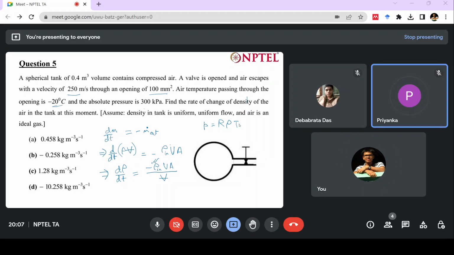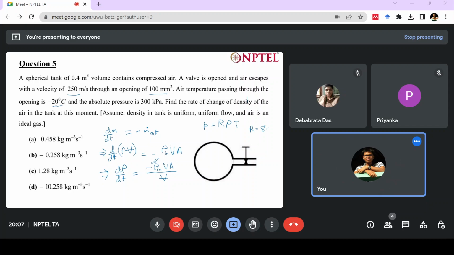Yes, sir. So R you can take as 8.3, is a unit. We can calculate this.